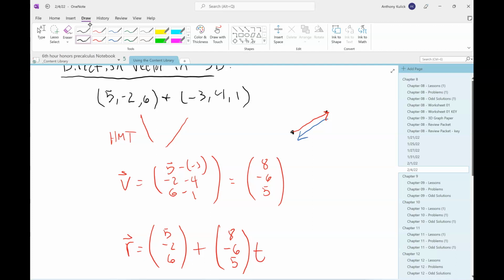Is everybody okay with that idea? So again, direction vector, not slope anymore, but given the same inputs, a pair of points that we would need to calculate a slope, we can calculate a direction vector just as easily.